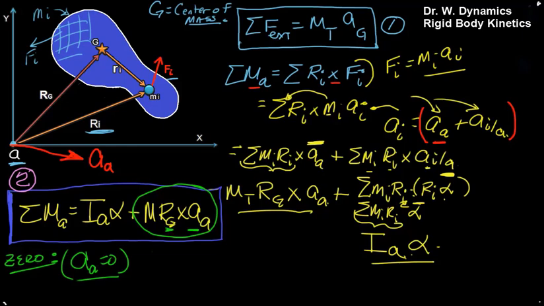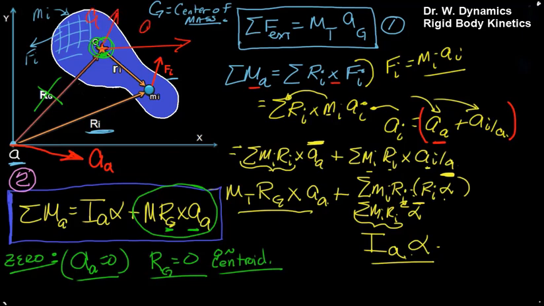The other case would be if rG were 0. And that would be the case that you're on the centroidal axis. And that's because the acceleration would be acting on that point, whatever acceleration of A that we might have. So it's not going to generate any kind of a torque or a moment about this system.